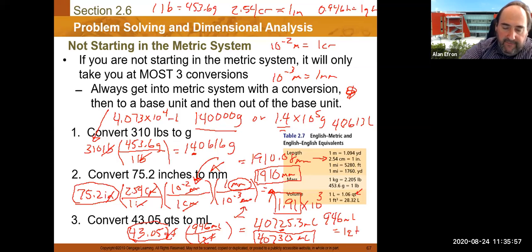So if you use the one that was on here, which obviously you probably would have, in terms of sig figs, you probably should end up with 4061 milliliters, and that would have been okay. Or 4.061 times 10 to the 4 milliliters would have been okay as well. And again, you'll get a slightly different one depending on your path and the conversion factors that you choose. Other questions on that? Okay.